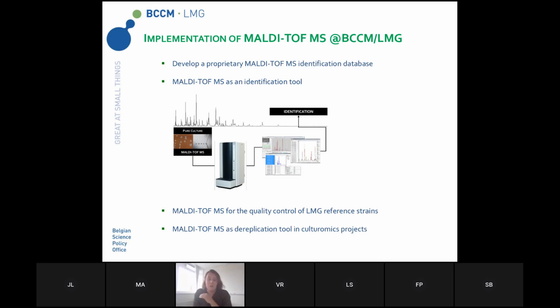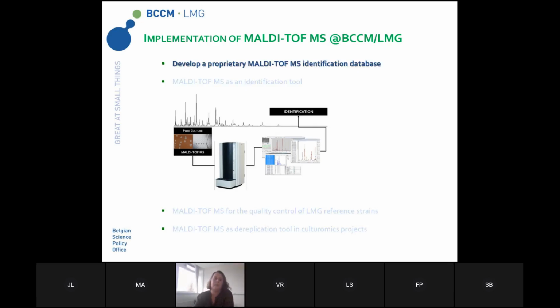In the 3rd option, we have MALDI-TOF MS in our quality control for LMG strains, to actually preserve the quality before and after preservation. We use that tool for that as well. And then in the last option, we use it as a dereplication tool in our culturomics projects, not only in BCCM LMG, but also in our research lab at the Lab of Microbiology at the Ghent University.